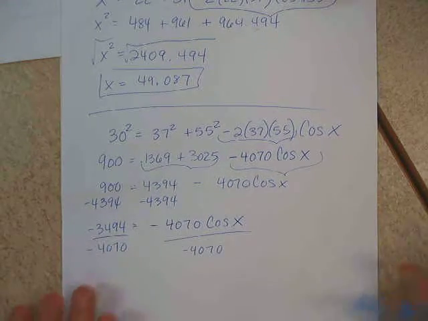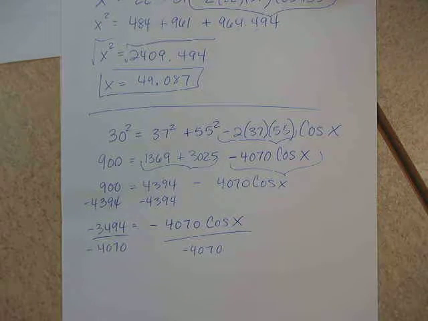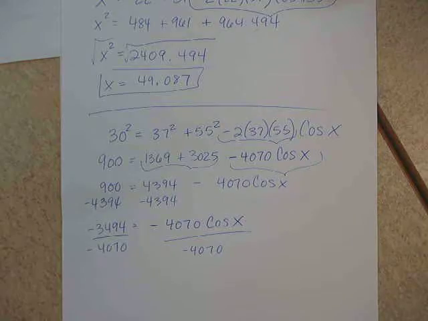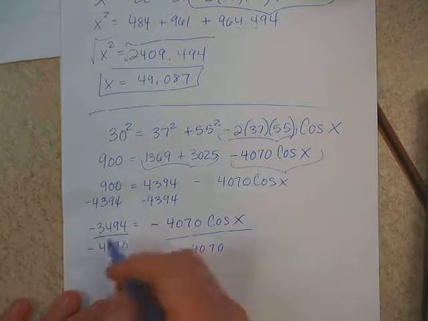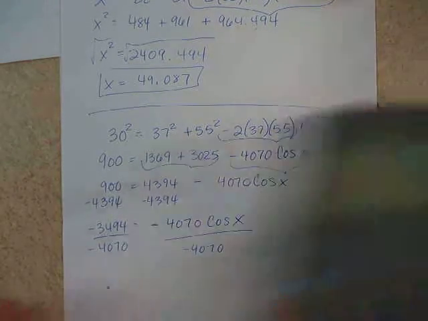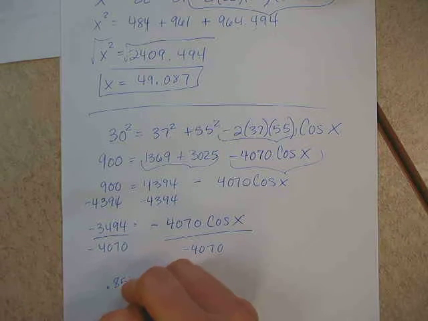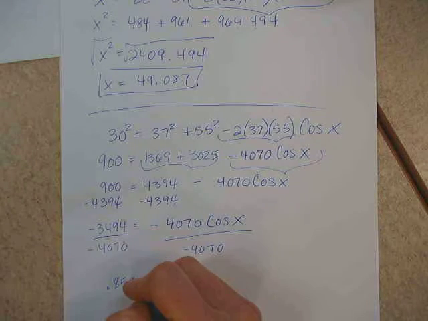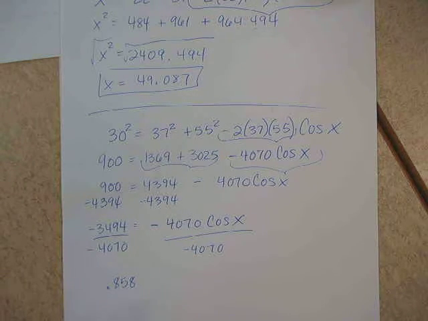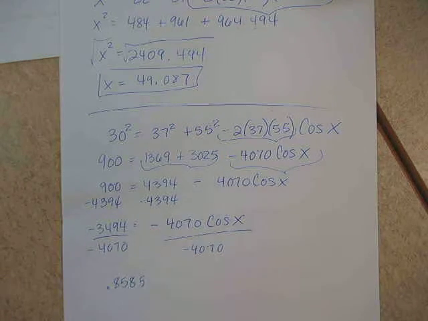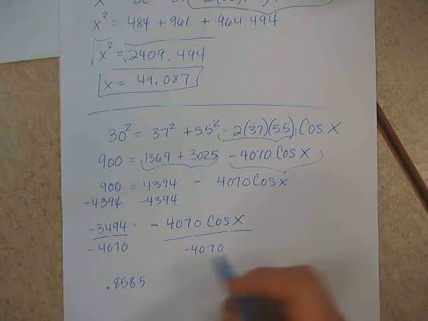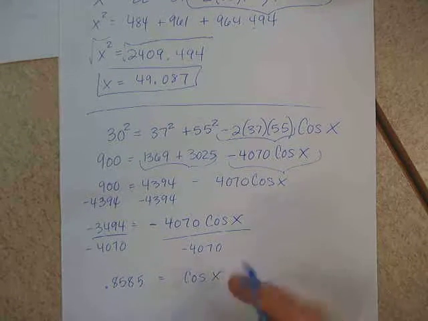And how do you undo multiplication? Division. So now that we're to this point, you're going to divide out -4070, which is going to get rid of your negative. So we get 0.858. 0.8585 if you want to go even further.